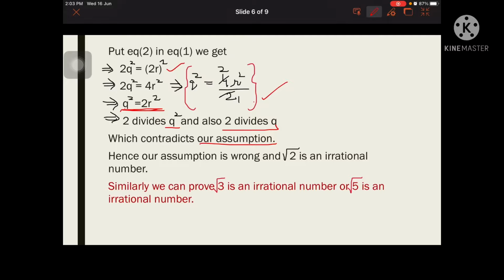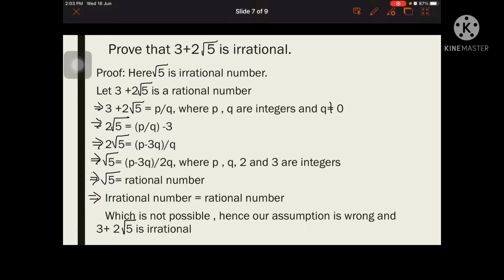Now the next problem is, prove that 3 plus 2 root 5 is an irrational number. Here under root 5 is an irrational number. For step 1, let 3 plus 2 root 5 be a rational number. It implies that 3 plus 2 root 5 is equal to p upon q, where p and q are integers and q is not equal to 0.